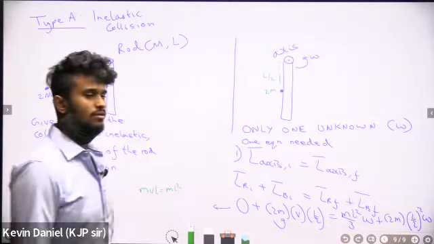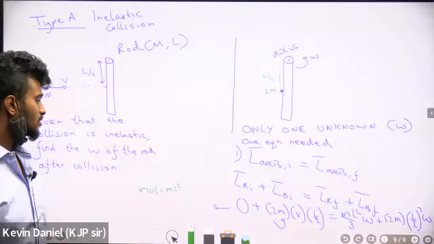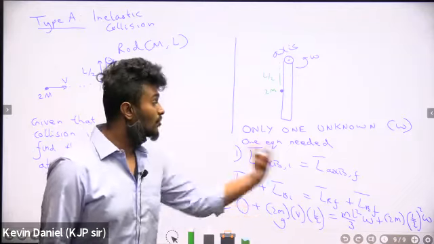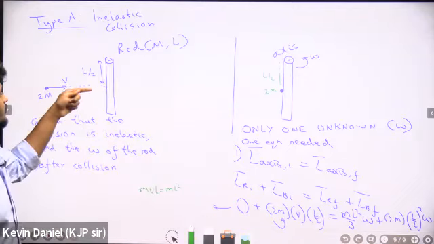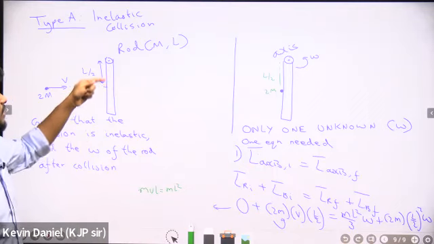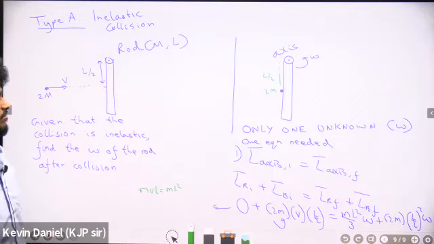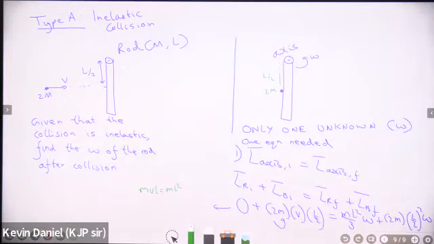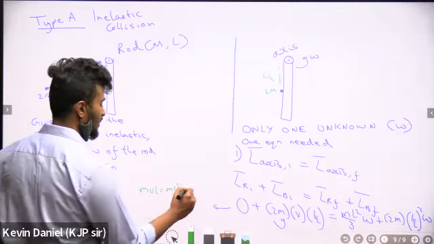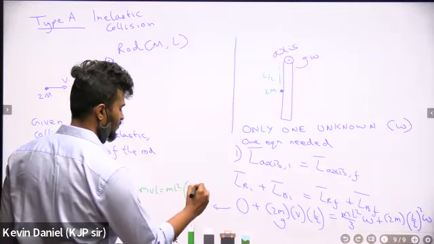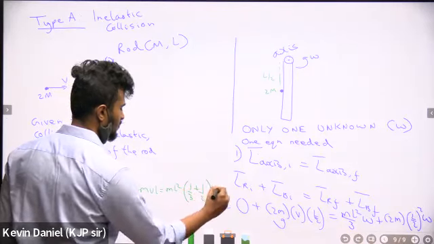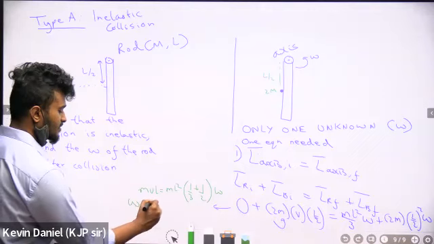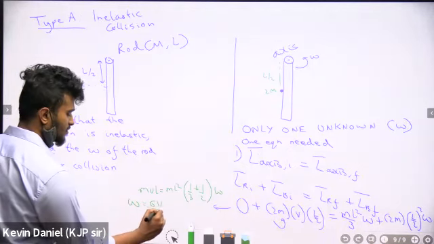Now I'm talking about the RHS: 2m into L by 2 whole square into omega. What is omega after collision? V by r, V by L by 2. So this becomes ML square times 1 by 3 plus 1 by 2. Calculation: 5 by 6. Cancel M and L, omega is 6v by 5L.